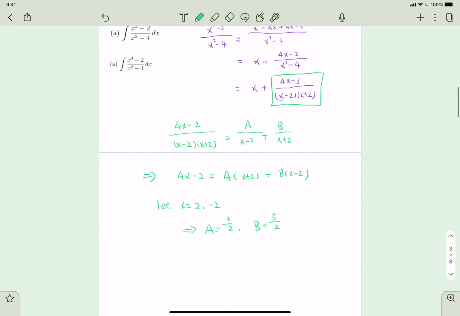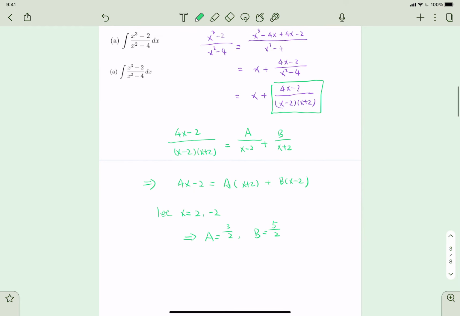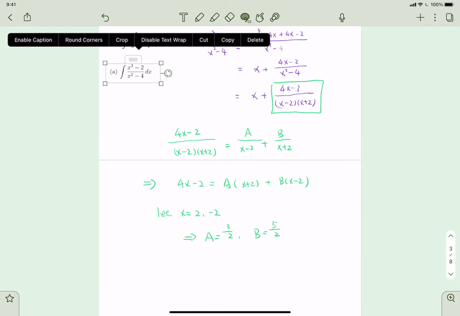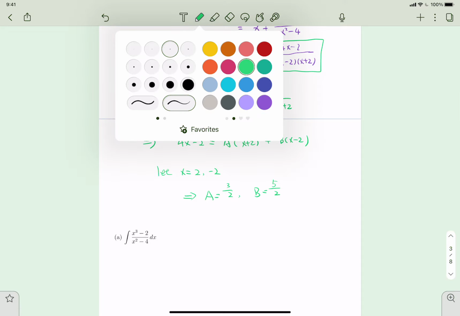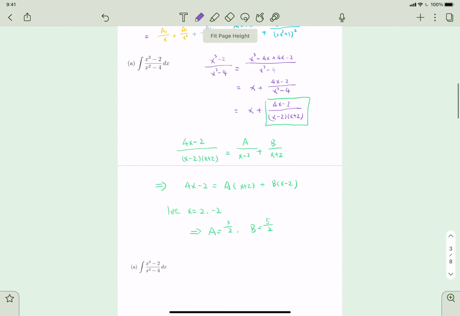So now your integral has become x plus 3 over 2 times 1 over x minus 2 plus 5 over 2 times 1 over x plus 2, all together dx.